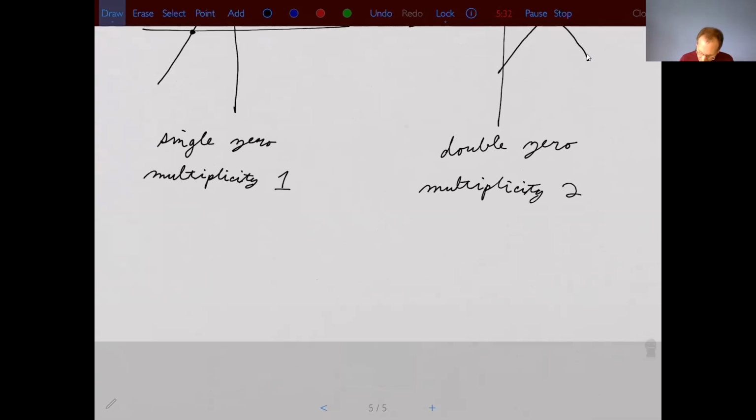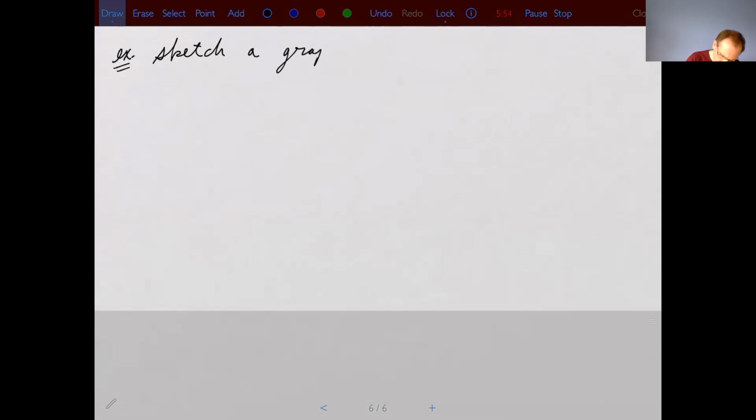Okay, so let's say, actually I'm going to jump to the next page. Let's say that I want to sketch a graph of, I'll call it m of x is equal to negative 2x times x minus 1 times x plus 3.